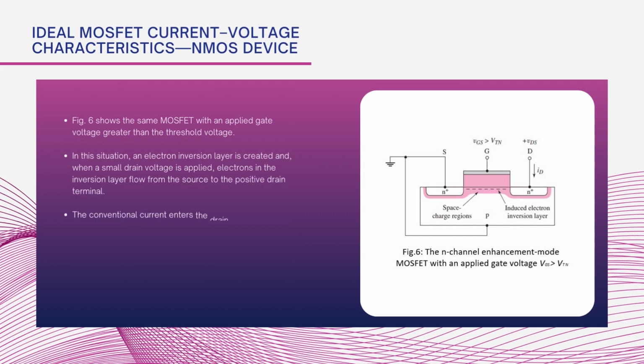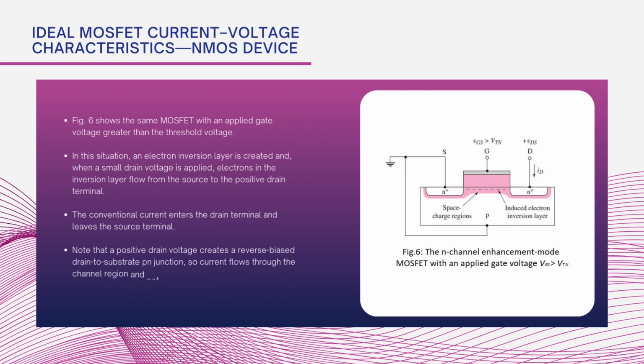When the voltage is greater than the threshold voltage, the electrons from the P region are attracted towards the gate terminal and they accumulate beneath the silicon dioxide layer. So, in this figure we see the formation of the inversion layer.